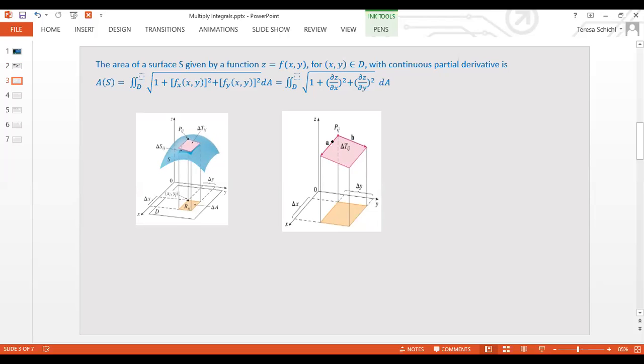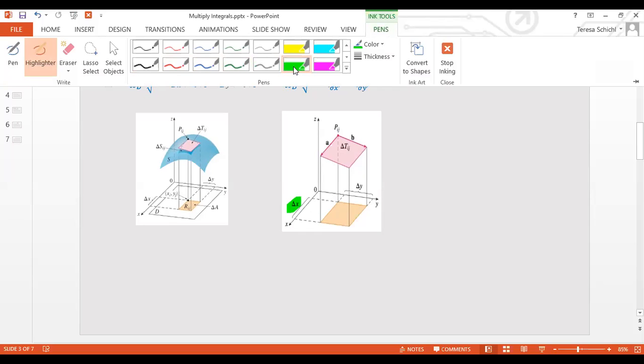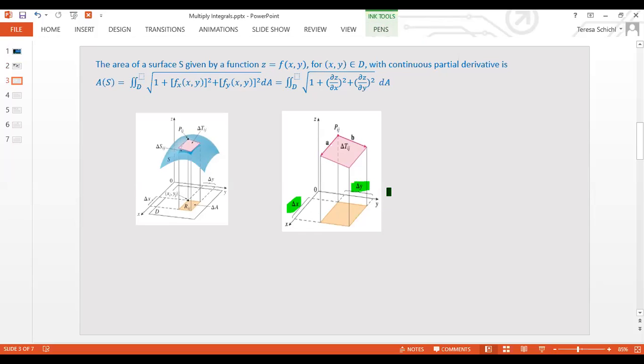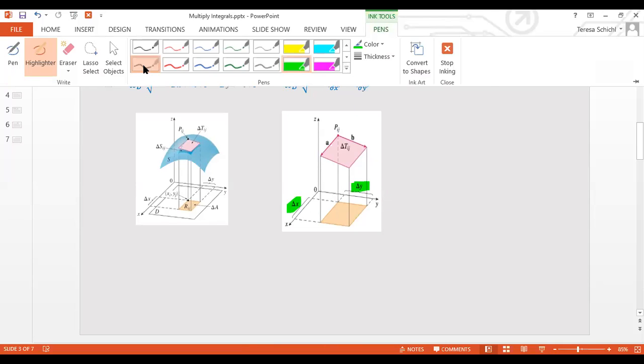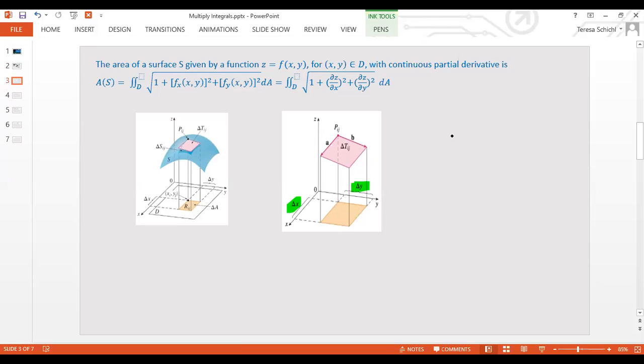So for the A, this is in the x direction, right? We said this is a dx, and then this is dy here. From the previous one, the Calc 2, we know this line segment can be approximated by what?